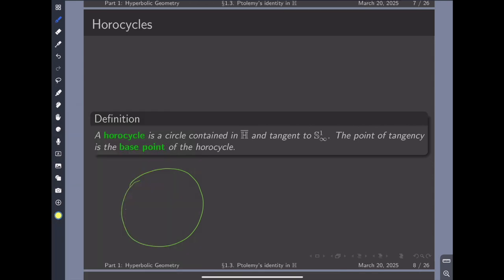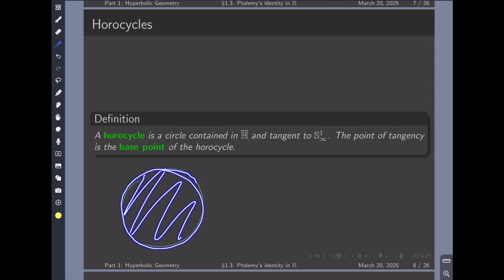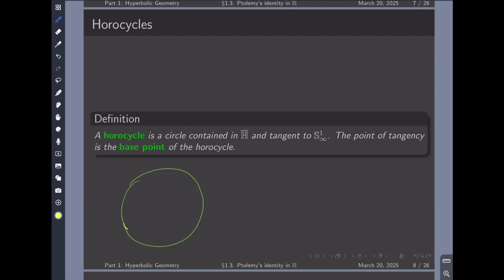It has to be a circle contained here, where I'm including, of course, this, and then tangent to that, to this outside circle. So, for instance, this would be a horocycle, or this.